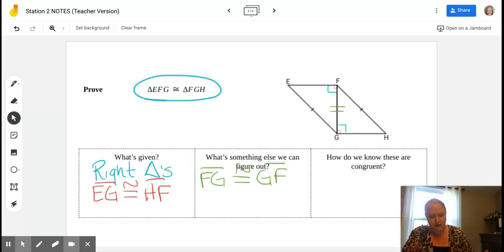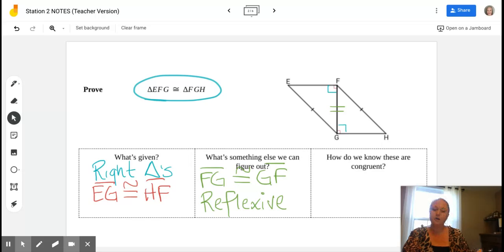I'm naming it that way because EFG and HGF would kind of go like that, so that's why I'm naming it kind of funny like that. But we know that those two sides are congruent, and it is the reflexive property that tells us this. So for my statement of FG being congruent to GF, my reasoning is the reflexive property.